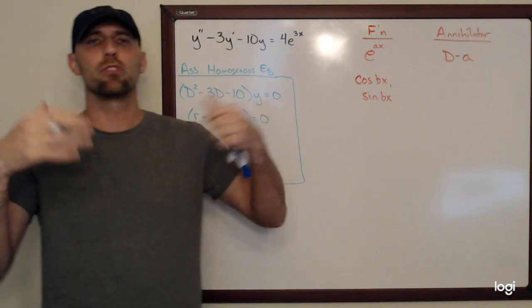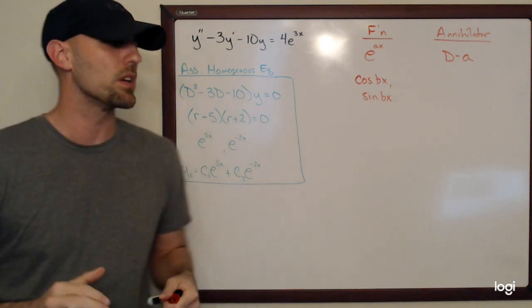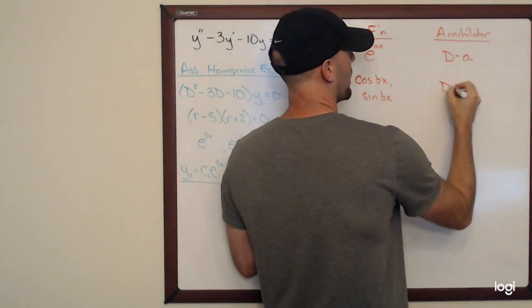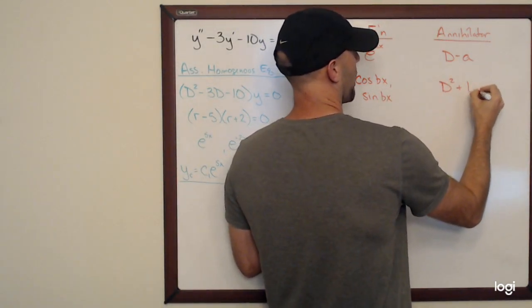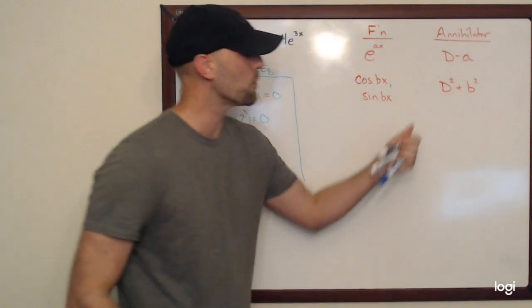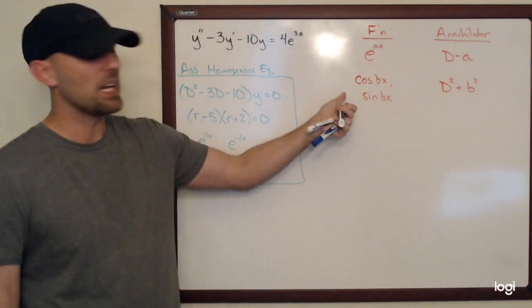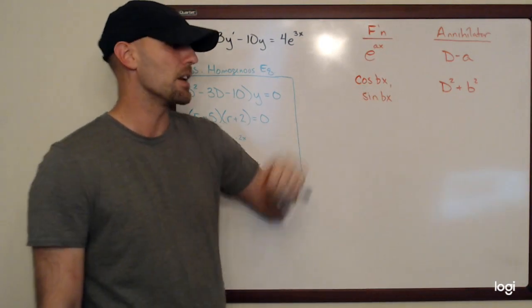You get plus or minus bi, you always get both, the conjugate roots there. So these have the same annihilator, and that annihilator is d squared plus b squared. Of course, the roots of this are plus or minus bi, giving me cosine bx and sine bx.